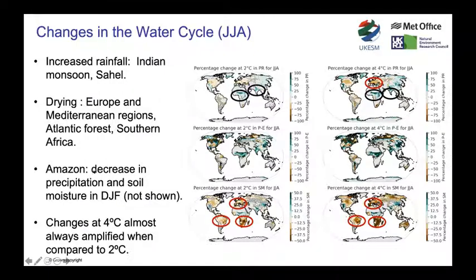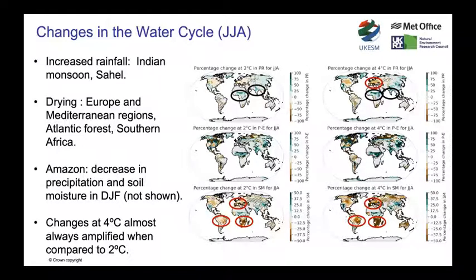We also saw that there was a decrease in precipitation and soil moisture in the Amazon in DJF. I haven't been able to show DJF here, but that again can have consequences, as we saw in Chantal's talk earlier, where there's increased chances of fires and forests getting depleted.